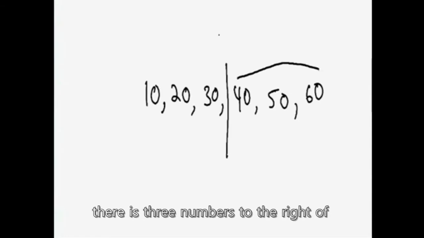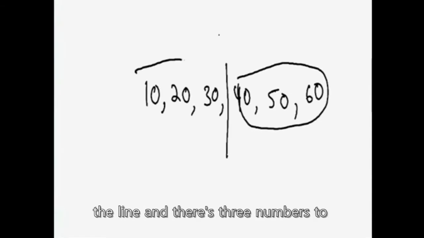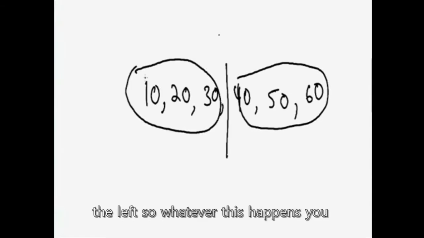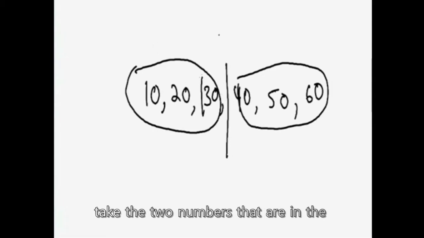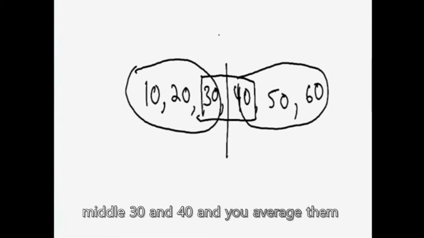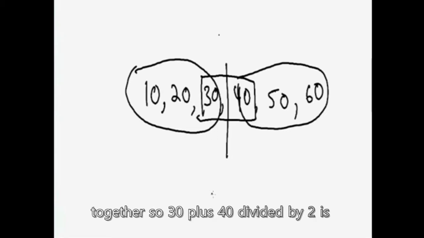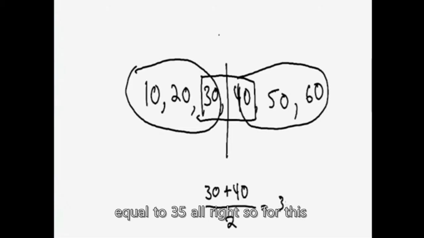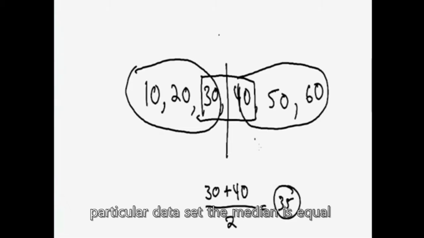There are 3 numbers to the right of the line and 3 numbers to the left. Whenever this happens, you take the 2 numbers in the middle, 30 and 40, and average them together. So 30 plus 40 divided by 2 is equal to 35. So for this particular data set, the median is equal to 35.